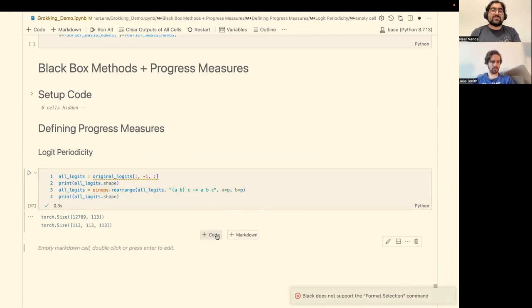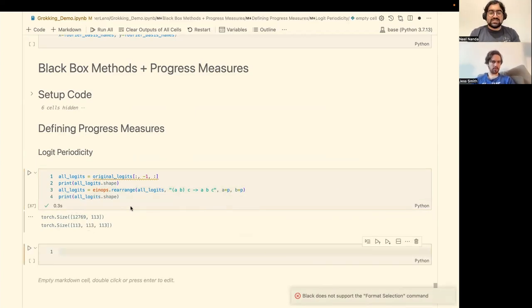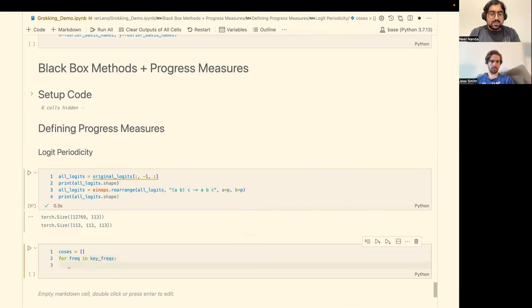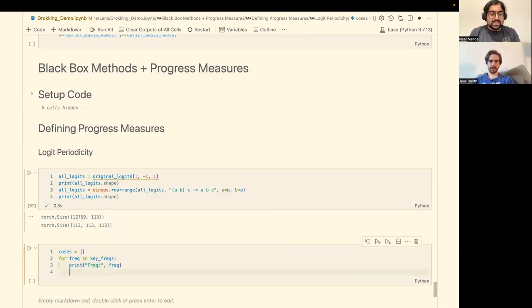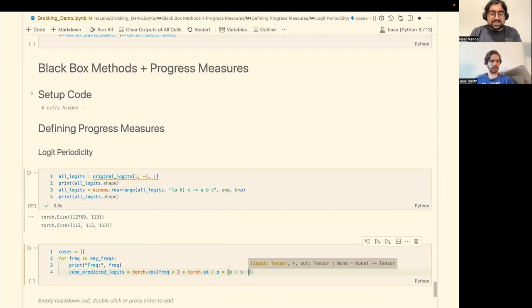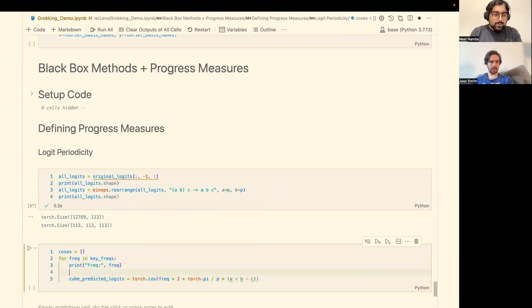We can now define a set of cosines where for each frequency in our list of key frequencies, we can create the cube of predicted logits, which is just torch.cos of the frequency times 2 pi over p times a plus b minus c, where we can define a, b, and c as integers that vary.